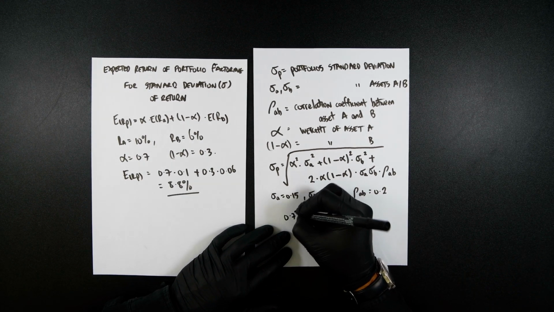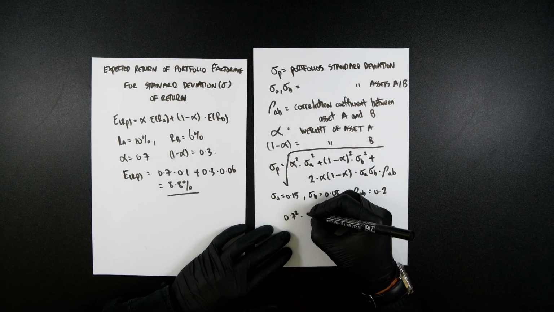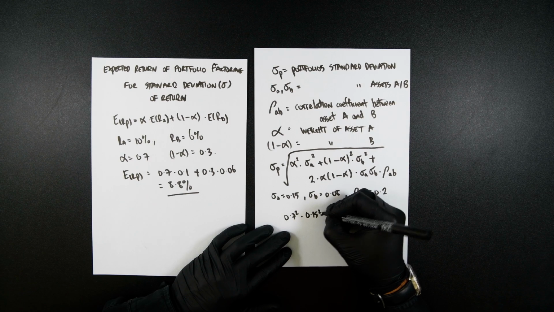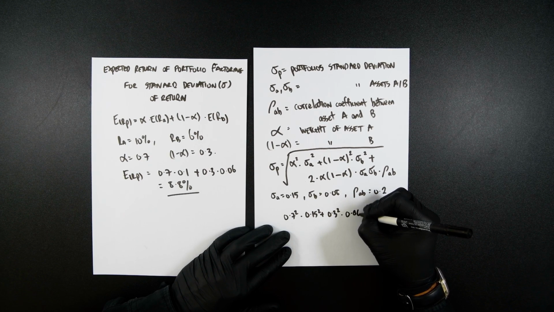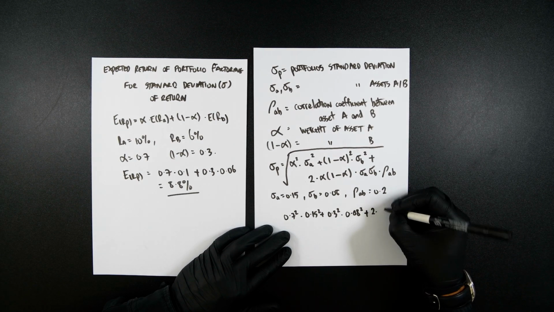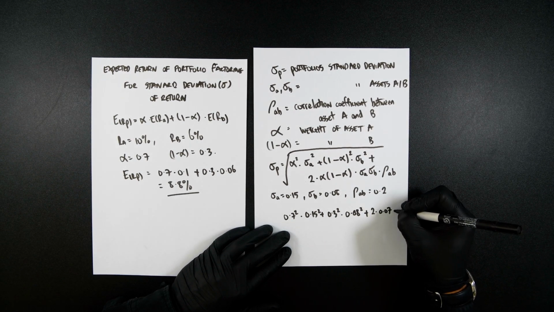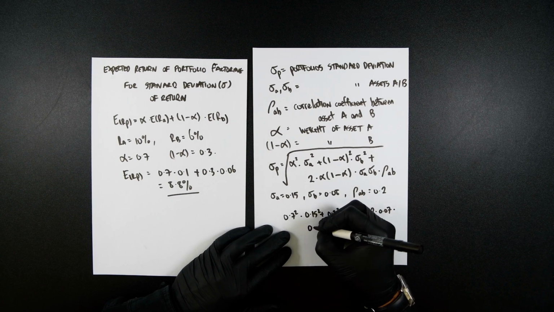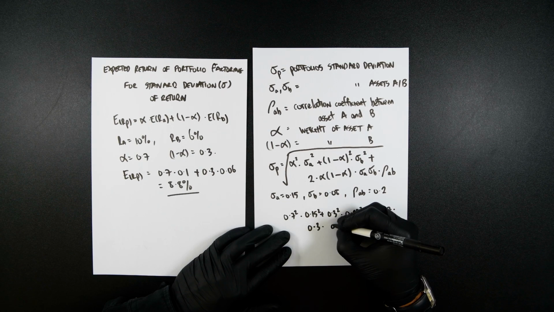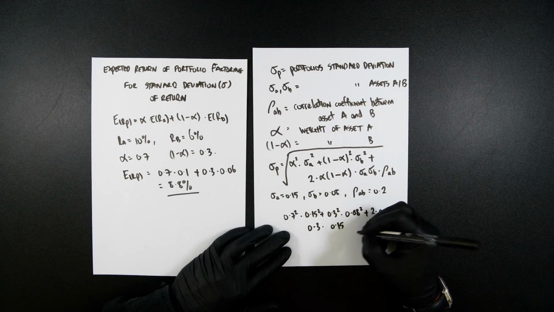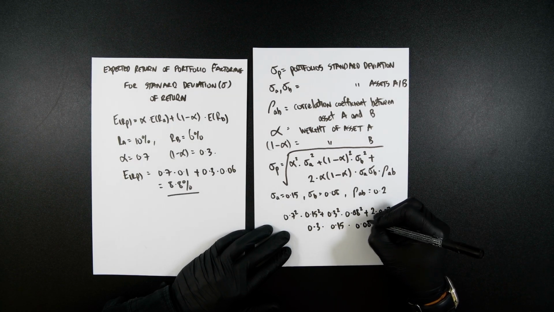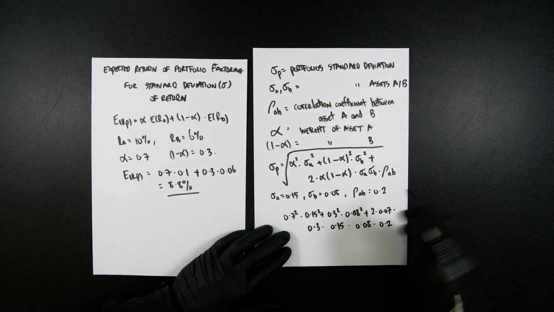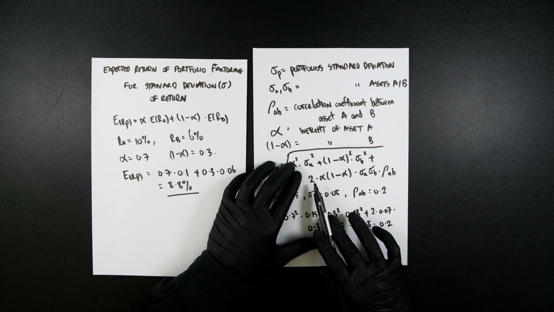So you're going to get 0.7 squared times 0.15 squared, plus 0.3 squared times 0.08 squared, plus 2 times 0.7 times 0.3 times 0.15 times 0.08 times 0.2. I've literally just put each of these values in and followed along.